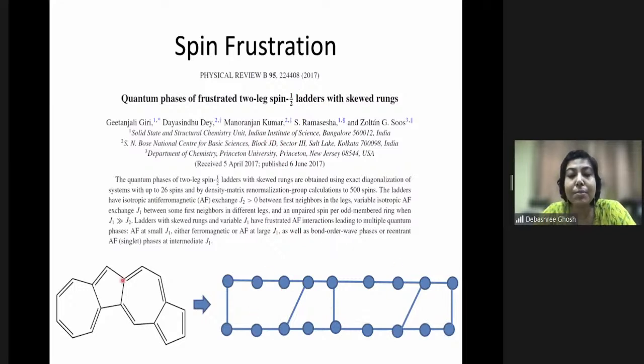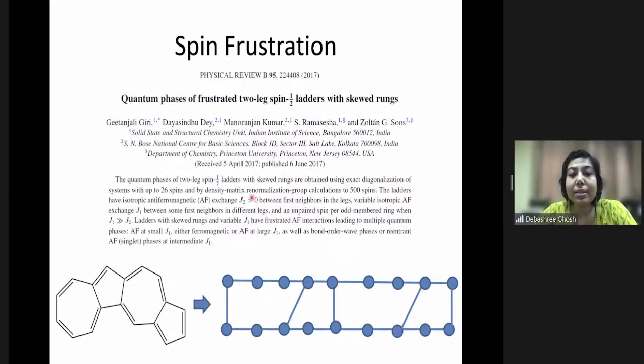How is this system similar to a fused acene azulene? You can see, this is a 7-membered ring, this is a 7-membered ring, this is a 5-membered ring, this is a 5-membered ring. So essentially, the connections are absolutely similar between this polyaromatic hydrocarbon and this skewed rung ladder.